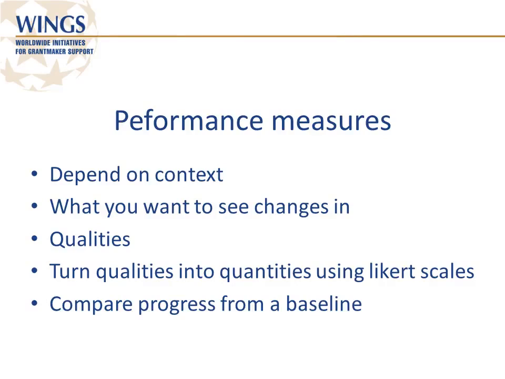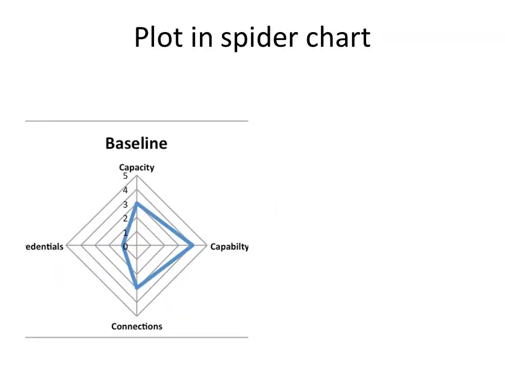And the baseline, at its simplest, you can plot in a spider chart. Here's an example, where I've got a 0 to 5 scale. You can see capacity at the top, capability on the right-hand side, connections at the bottom. The CR has been missed off, credentials.